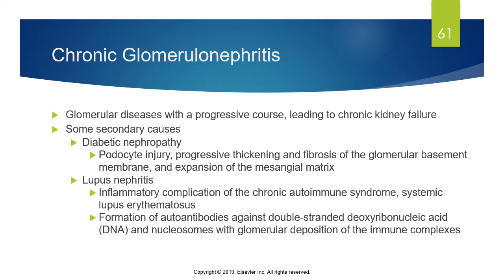Lupus nephritis, another cause of chronic glomerulonephritis, is an inflammatory complication that involves an autoimmune syndrome and formation of autoantibodies against double-stranded DNA in the nucleosomes, with glomerular deposition of the immune complexes that then lead to inflammation and further injury of the kidney.